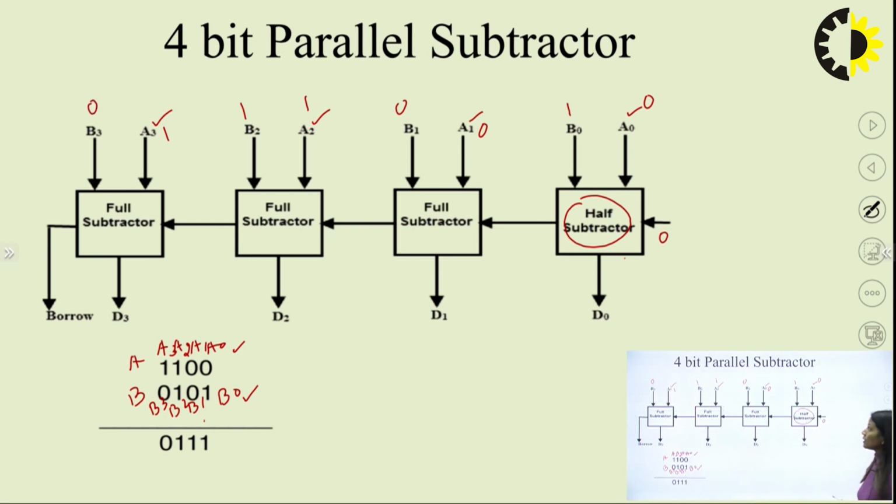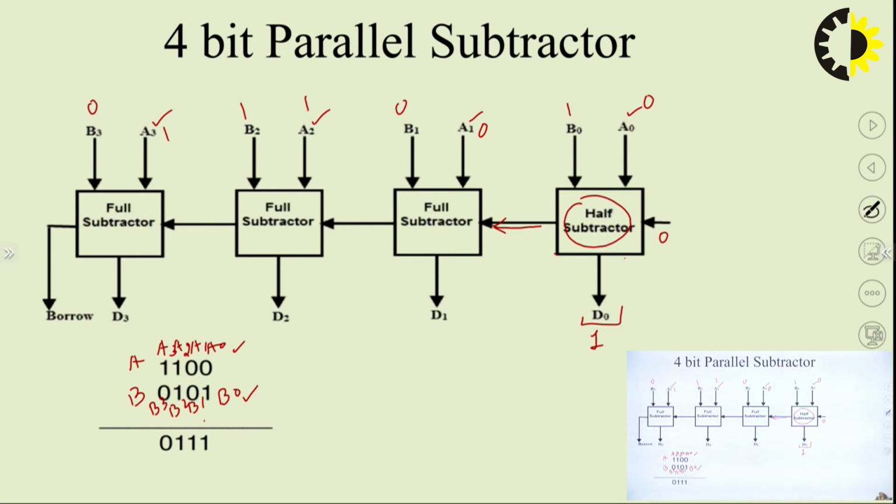Okay. So the procedure will be like this. A0 minus B0 will take place, and the borrow will come here. The first borrow will propagate to the full subtractor circuit, and the difference will be given by D0, and that would be 1.